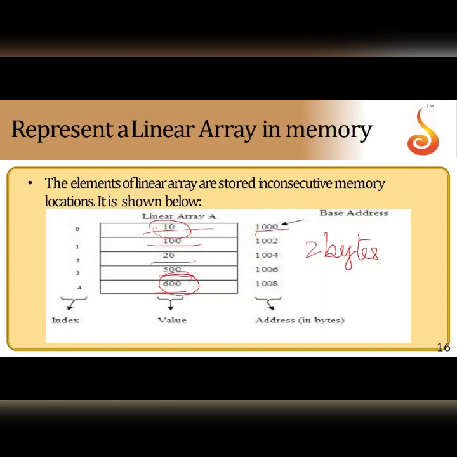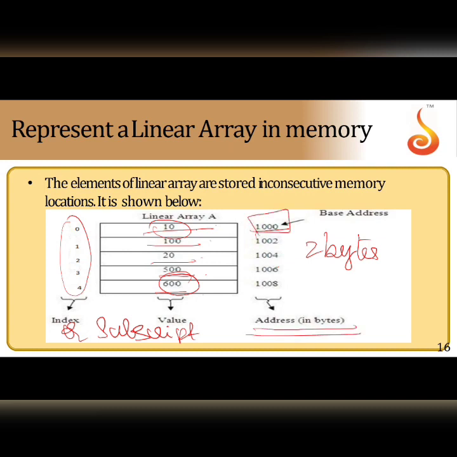This is the index or the subscript value, this is the value stored in that location or the value of the array element, and this is the address of the array in bytes.